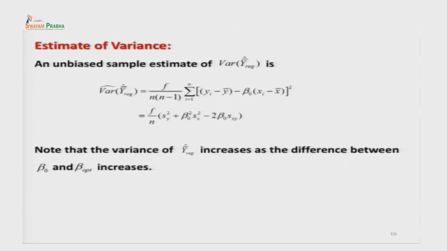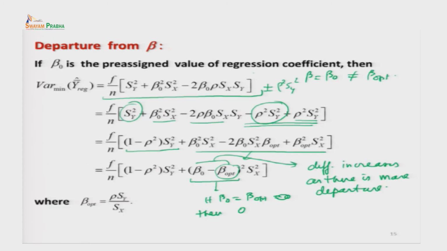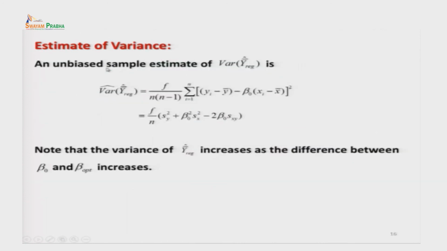Now, we try to find an unbiased estimator of the variance of y bar hat reg, that is, the unbiased estimator of the variance of the regression estimator. You can see this expression, which I am marking, is the variance of the regression estimator that you have obtained.